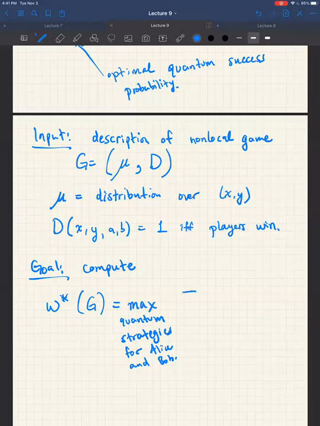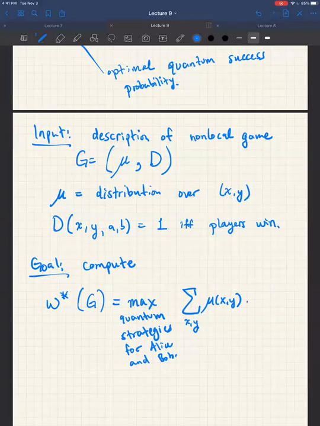So the success probability is going to be, well, you're going to sample a pair of questions X and Y. I'm going to run out of space, but once you sample the questions, they're going to generate answers, but you only want to count the answers that are actually winning. So we're going to sum over answers such that D of X, Y, A, B is equal to 1.